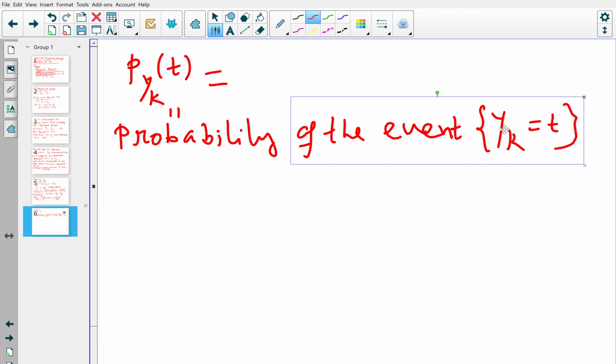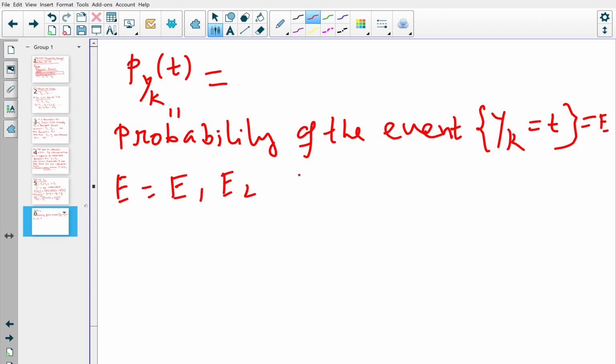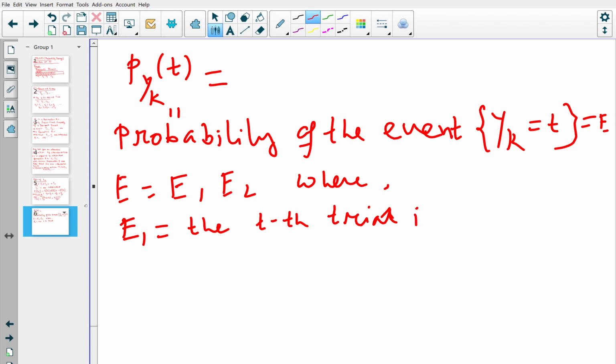So suppose this is my event E. You can write E as the intersection of E1 and E2, where E1 is that the Tth trial is an arrival or a success, whatever you write down.